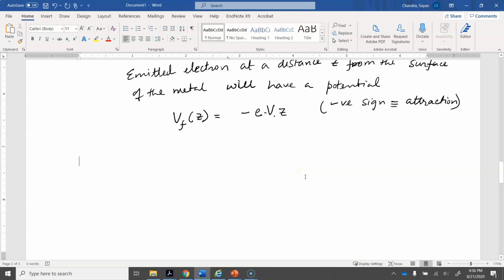So let's figure out what the total potential of the electron is.